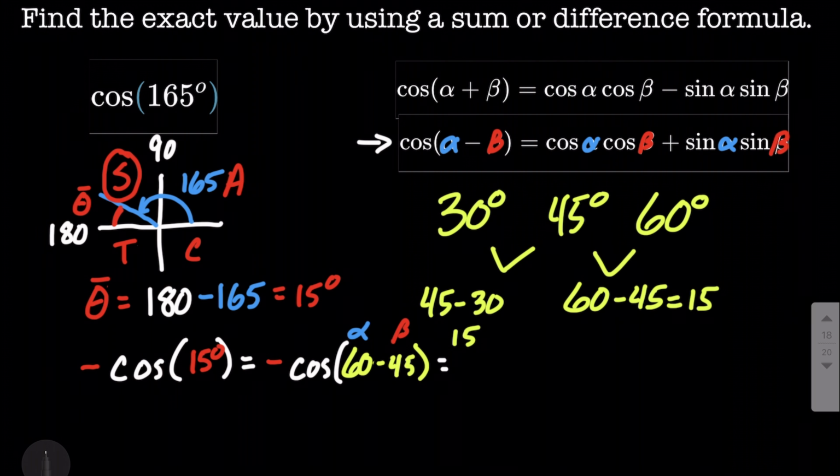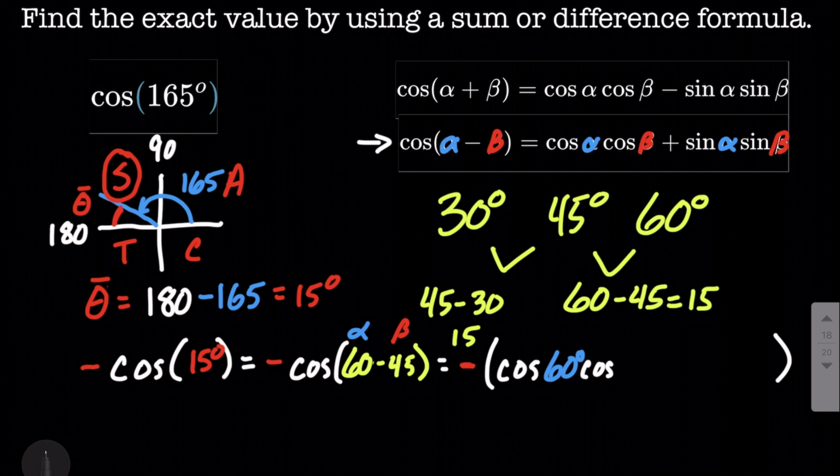I'll try to color code everything as we go. Don't forget we need to bring this negative along out in front because we used the reference angle. So negative goes out in front. We're going to go cosine of, instead of alpha, remember we said 60 degrees goes in here, multiplied by cosine of, instead of beta, remember we're going to put 45 inside of there.